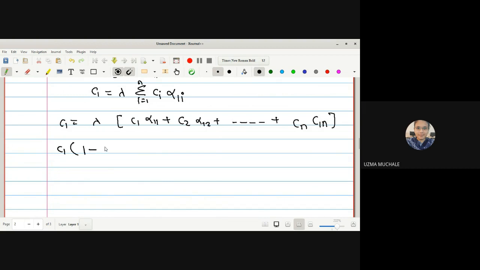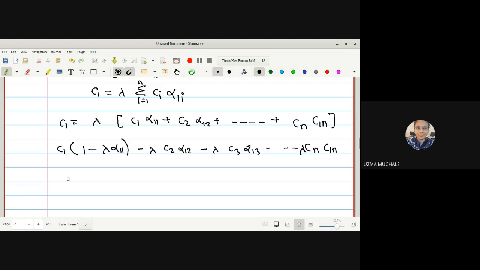What will be the resultant? 1 minus lambda alpha 1 1, or we can write it with a minus sign also: C1 equals minus lambda alpha 1 2 into C2, minus lambda C3 alpha 1 3, and so on, minus lambda Cn alpha 1 n.